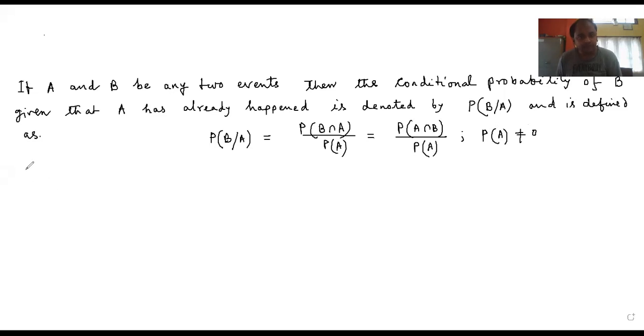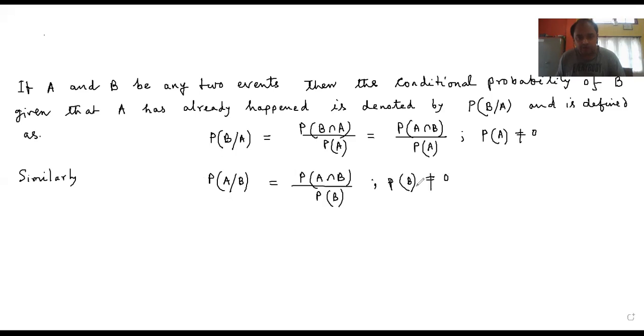And similarly, probability of A given B can also be written as probability of A intersection B by probability of B. And we can write it only when probability of B is not equal to 0.